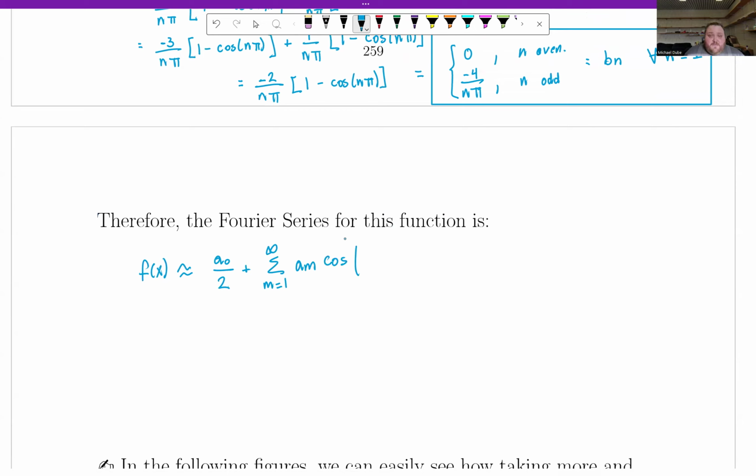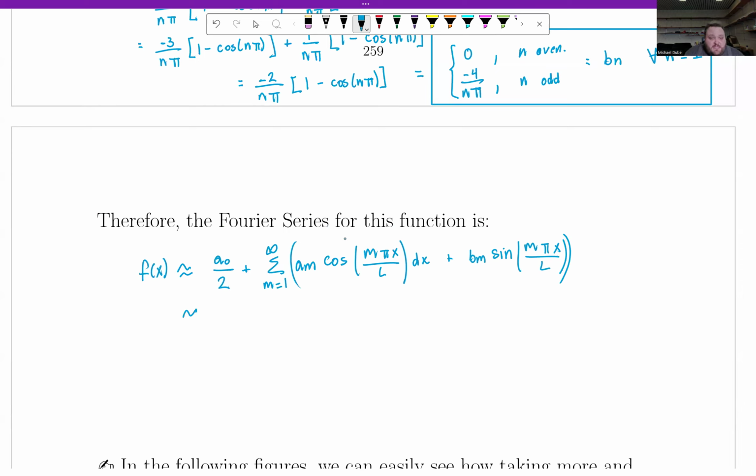Cos of m pi x by L? No. Yeah, it has to be L. It's L dx plus bm sine of m pi x by L here, and brackets here to say they're both in the sum. Okay, so we have here, and now we're sort of plugging in our things.